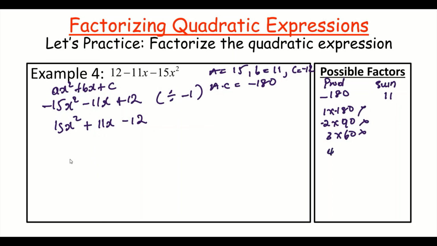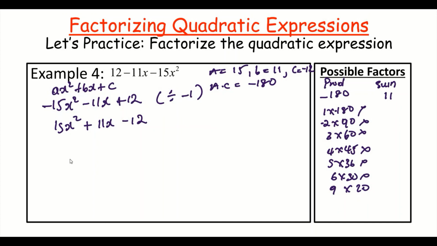4 times 45, with a negative or a positive, still wouldn't give us anything. 5 times 36, still nothing. 6 times 30, too far from 11. And then 9 times 20: 20 minus 9 is 11.